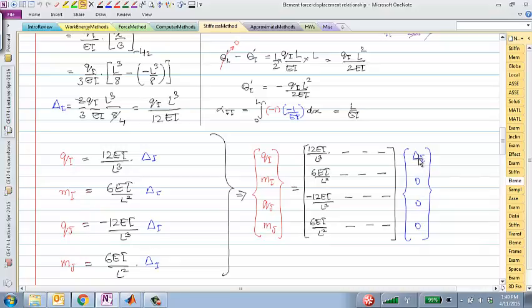So in this case, you can see that I have the displacement and rotation vector, where all the other degrees of freedom are 0. The only degree of freedom non-zero is the delta I for case 1. And what we did was we calculated Qi, Mi, and expressed them in this matrix form. So you can see that the first column up here has these four values.